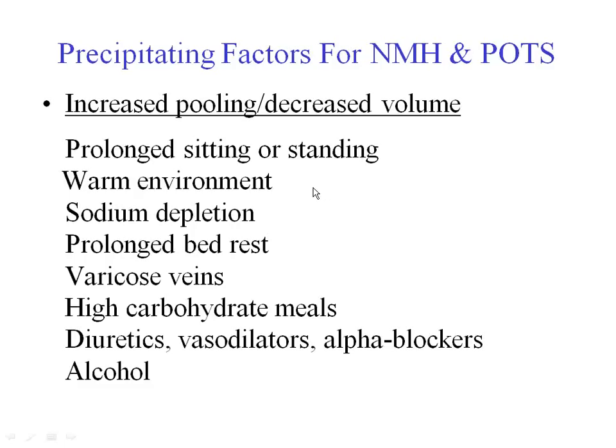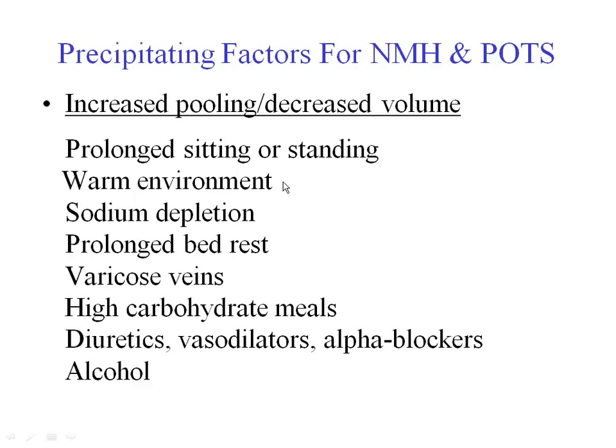Get up, walk around. Warm environments cause increased pooling of blood because they shift blood flow to the skin as we try to dissipate heat. So warm environments like hot showers and hot saunas and hot tubs are really tough for patients with these disorders. We recommend that people try and get the shower temperature down lower.